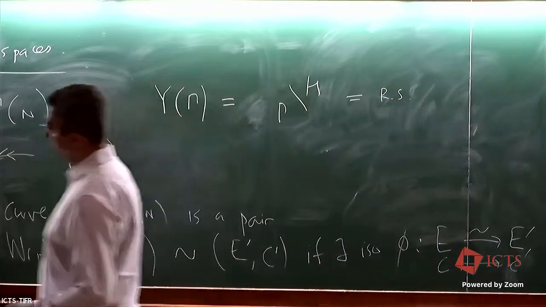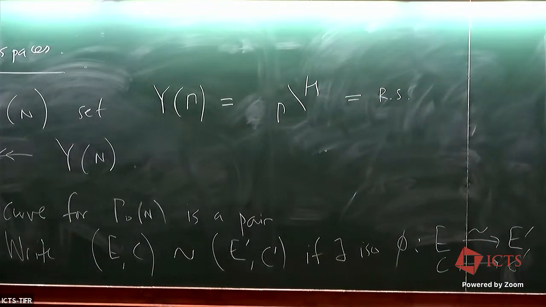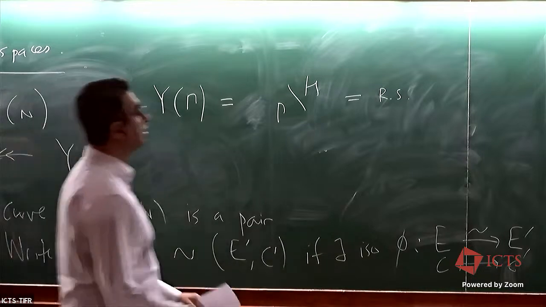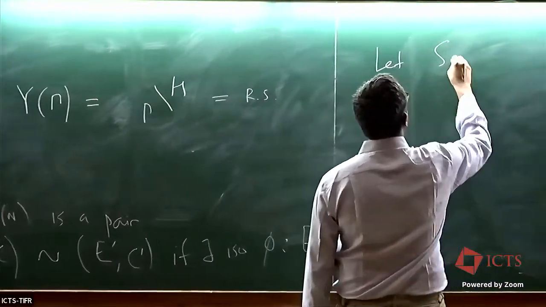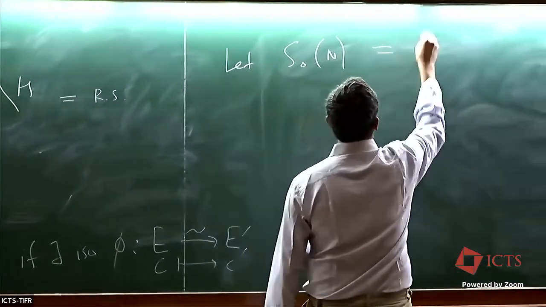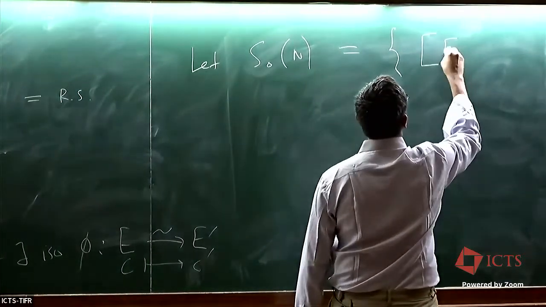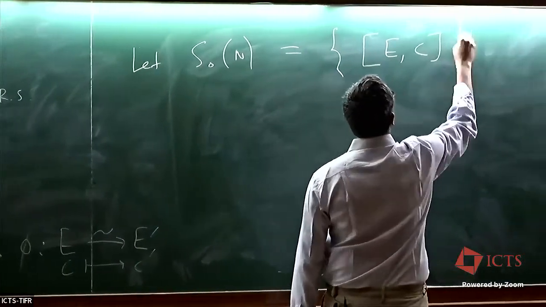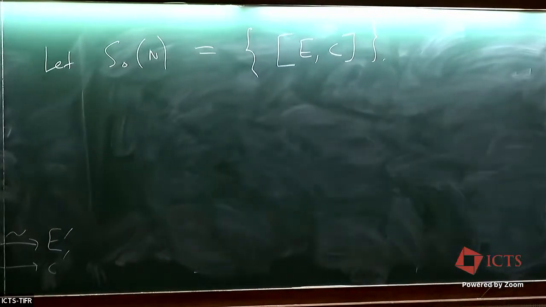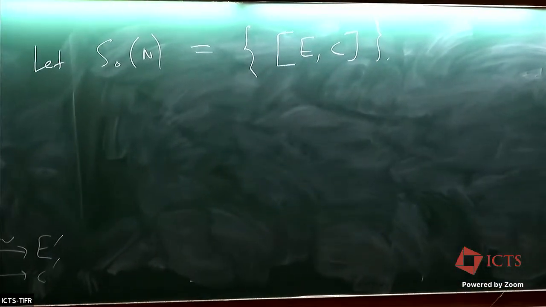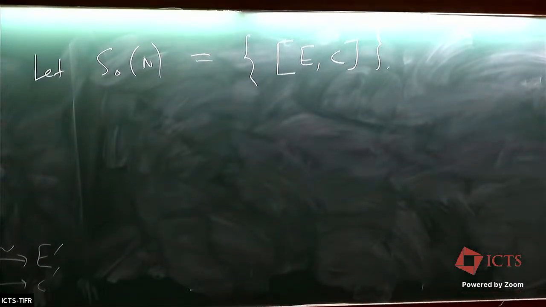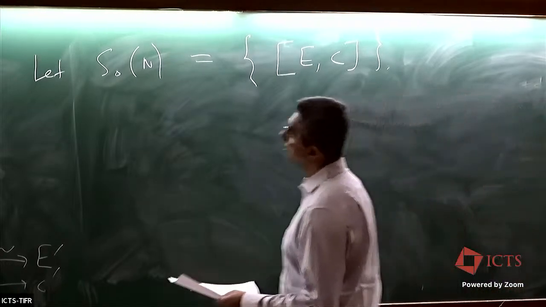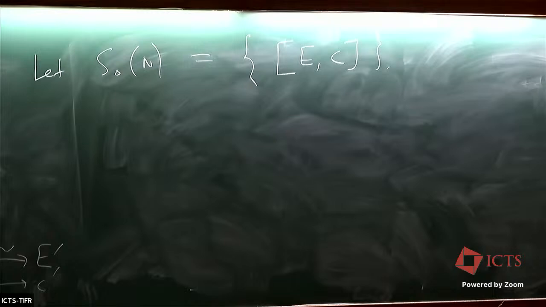We're going to look at isomorphism classes of enhanced elliptic curves, and a clever choice of notation, we'll drop the round brackets and replace them with square brackets to denote equivalence class. There should technically be another round bracket there, but it's dropped in the book. Let's follow that. So this is all isomorphism classes of enhanced elliptic curves, a set S naught N.